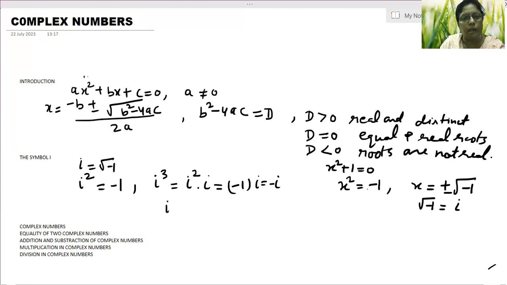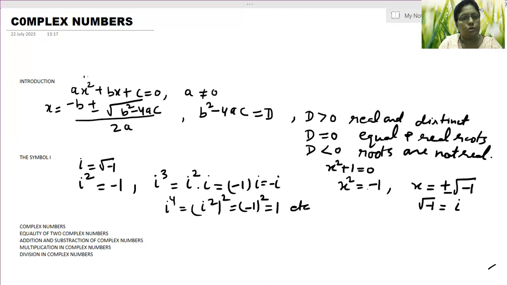Similarly, i raised to the power 4, that is i square whole square, that is minus 1 whole square, that is 1, etc. So in this way, you can write the different powers of i.